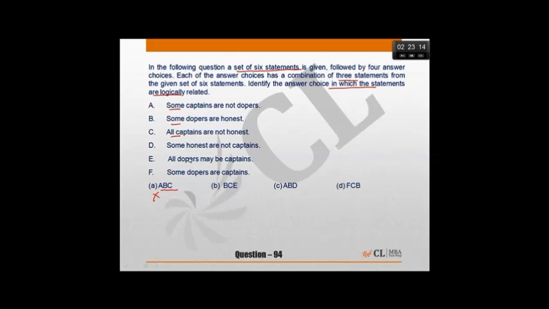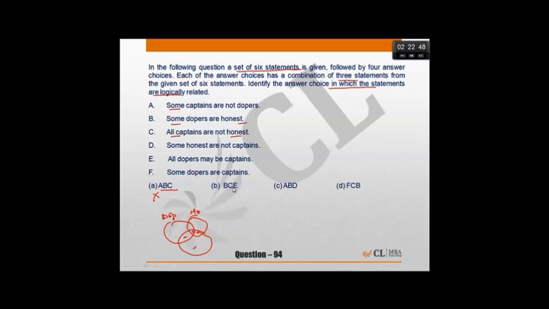B, C, E. B says some dopers are honest, C says all captains are not honest. All captains are not honest, that means captains have to be only out here or here.